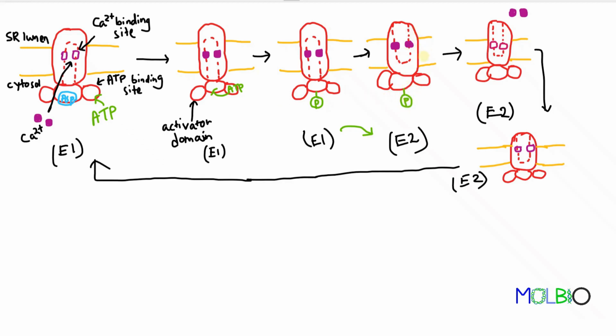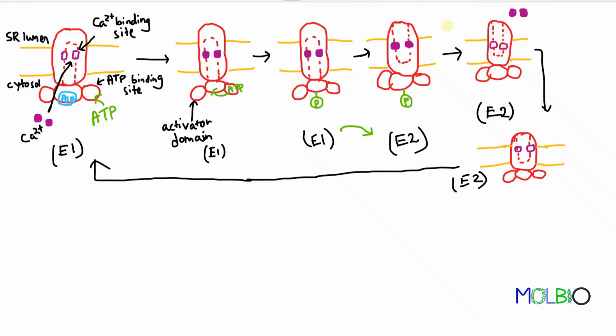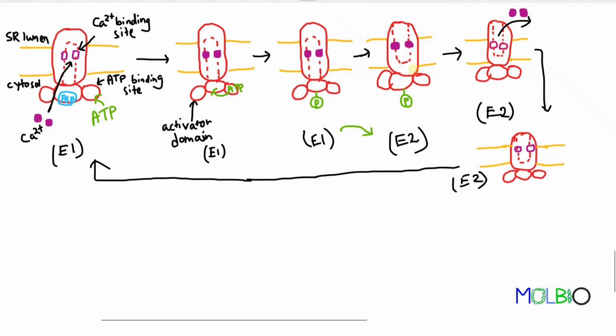but slowly, because of its low affinity to calcium, the calcium is released into the SR lumen. Okay, calcium moves from its pocket to the SR lumen because of the configurational change of the pocket itself, from the configurational change of the entire protein to E2.